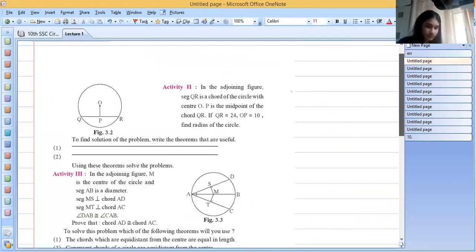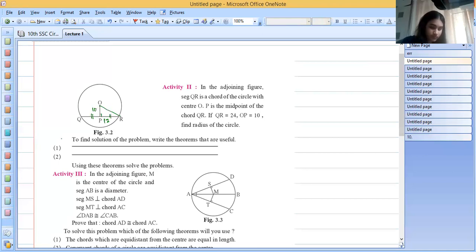Next, in the adjoining figure, segment QR is the chord of the circle with center O. P is the midpoint of the chord QR. If QR is 24, then what is PR? 12. OP is 10. Find the radius of the circle. We know that the line joining the center of the circle to the midpoint of the chord is perpendicular to the chord.